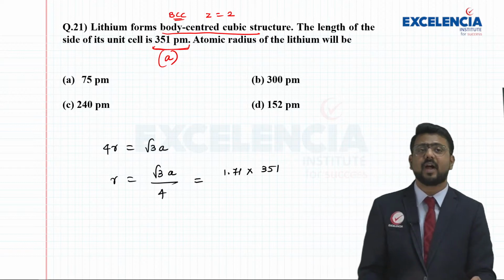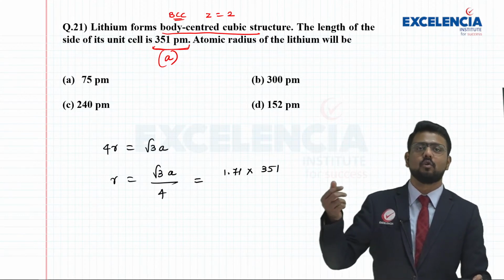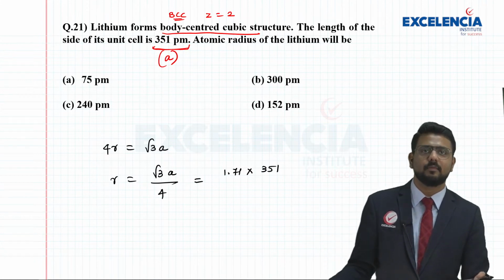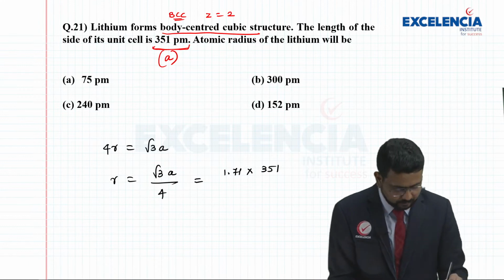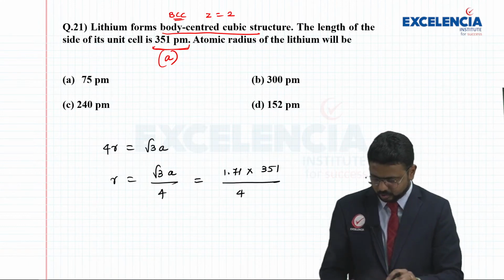It is perfectly fine if you do not convert this into meters, because eventually the answer they are asking for is in terms of picometers, okay? So 1.71 times 351 divided by 4.